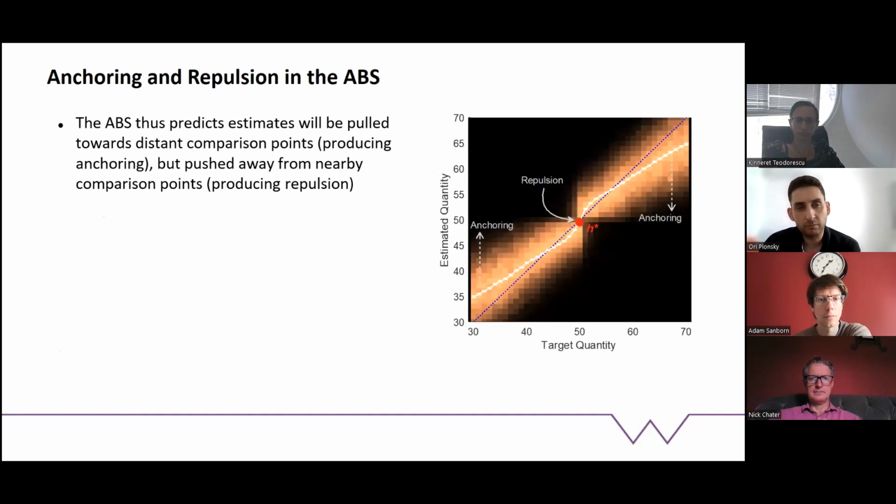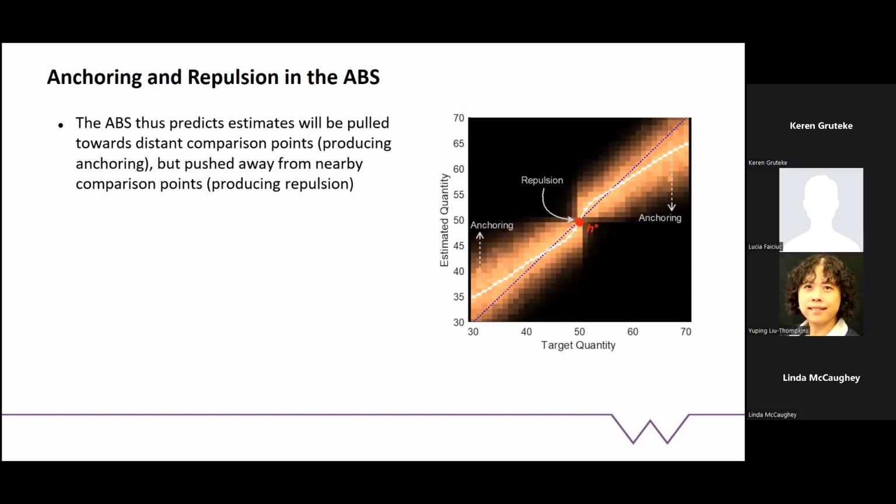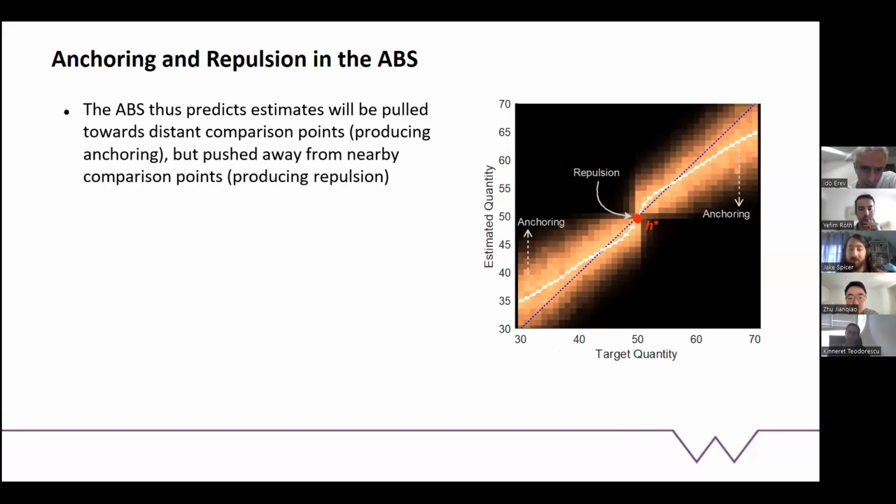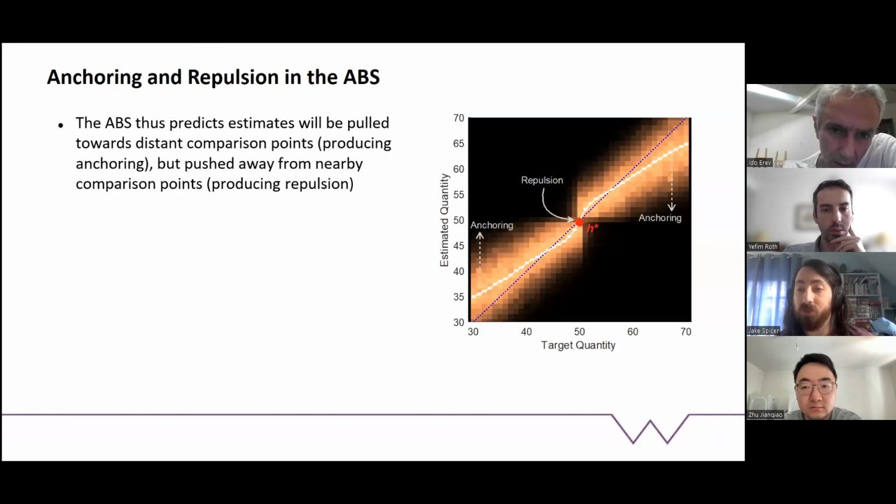So we can simulate that out by taking, in this case, H star as our particular decision boundary, and we can compare that to various different target stimulus values. So the true values are on the x-axis, and then we have the estimate along the y-axis, and this heat map is essentially the distribution that is produced by the ABS.